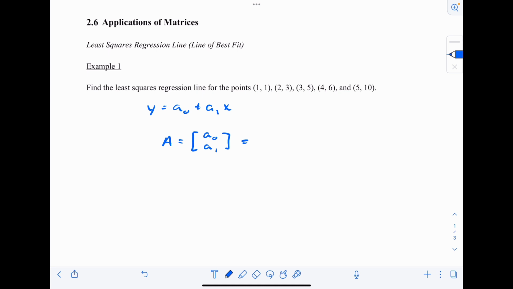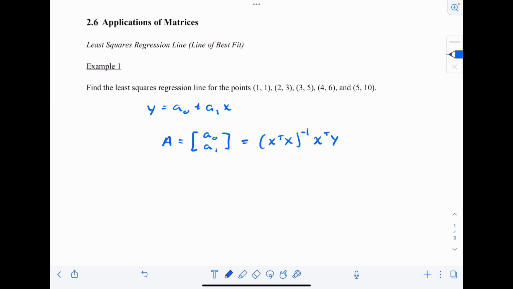We're going to set up two matrices. We'll call one X, we'll call one Y. We're going to take the transpose of X times X, and then take the inverse of that, and then multiply that by the transpose of X times the matrix Y.